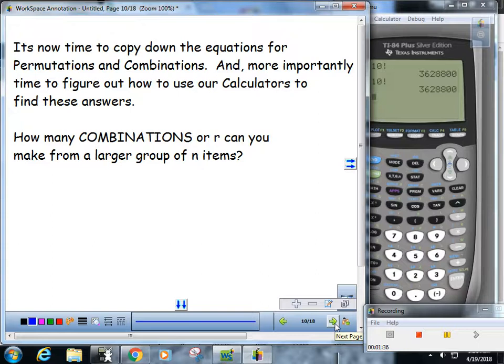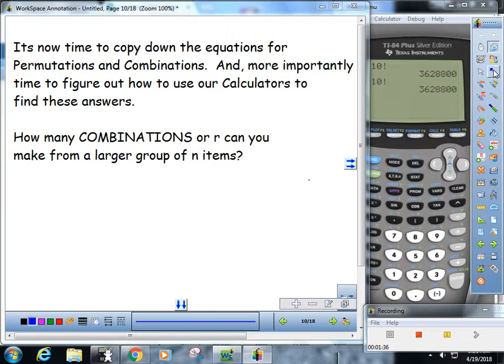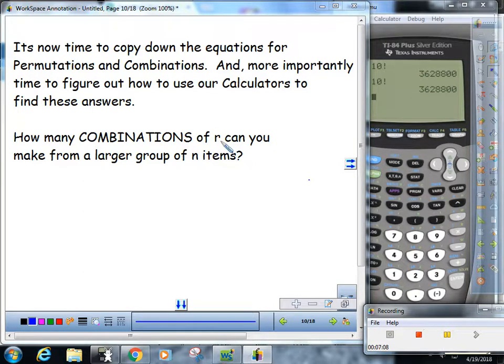Okay, so how many combinations of R things can you make from a larger group of n items? So this is extremely confusing.